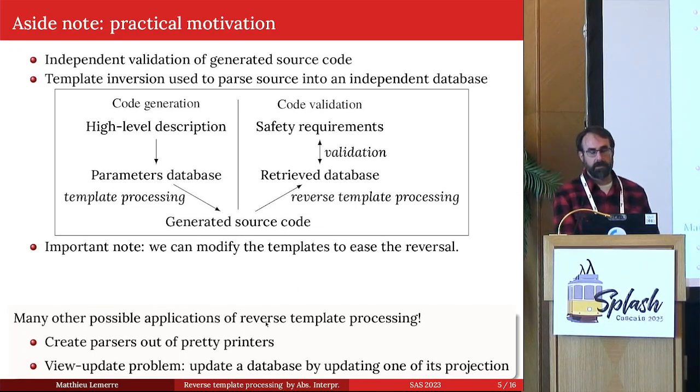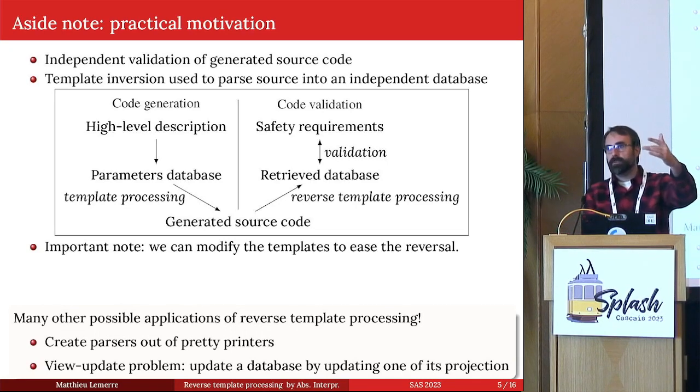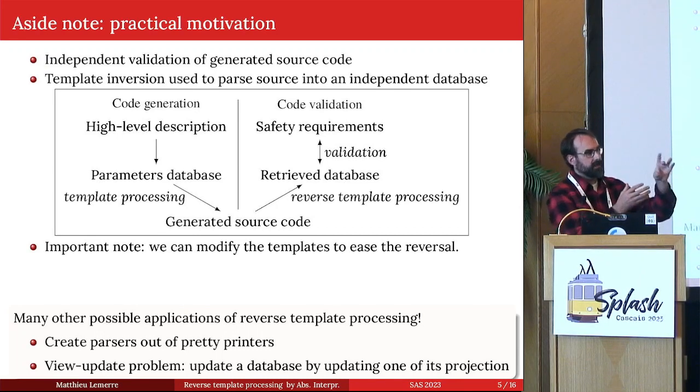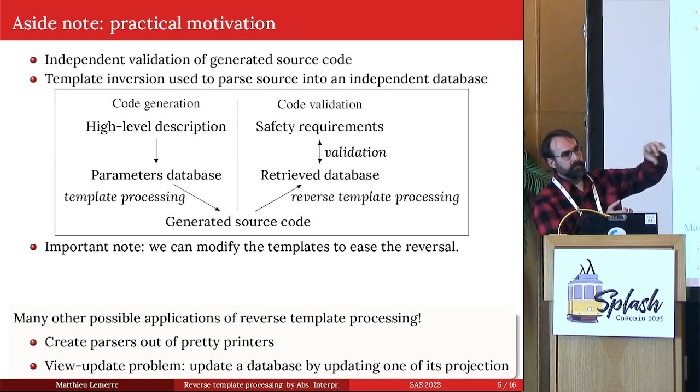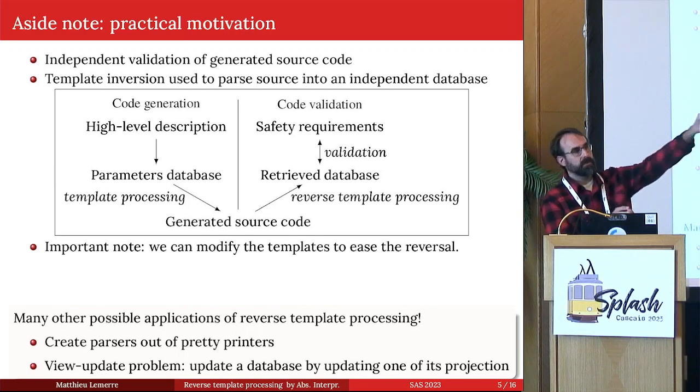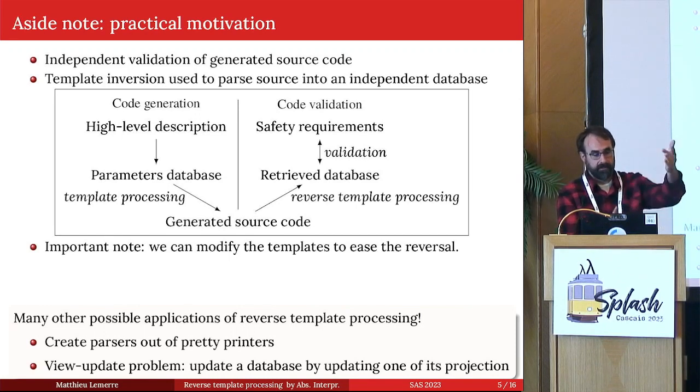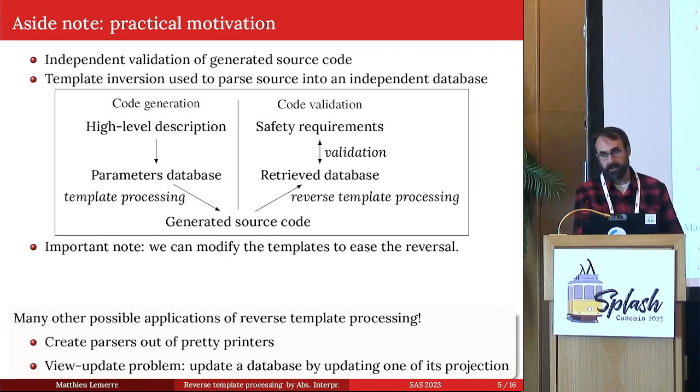In this problem, you have a database, you extract some data from the database, and then the user wants to modify this data. And then the question is how you can incorporate this modified data back into the original database. Think, for instance, of a web page that outputs some data, which is modified and then replaced in the original database.